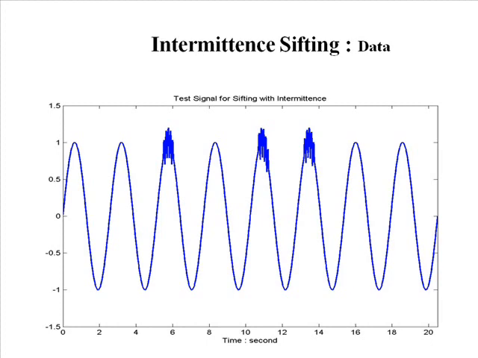To give you an example of this, here I have a sine wave. And on the sine wave, I put some high frequency signal there. So for this frequency, we can treat this as intermittency. It does not occur all the time, but it occurs sometimes. And this does not have to be right here, the example that I put right here.